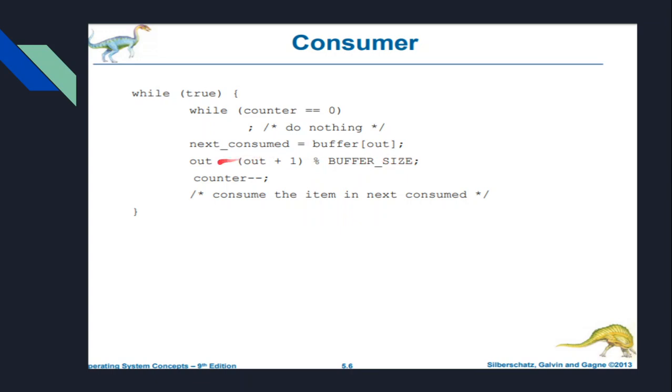This is the concept used in the circular buffer. When the buffer is circular and you want to get the data after one, this is the logic always given to get the data in the circular buffer. And then the counter is decremented because the consumer consumes, it takes out. So, it is a decrementing process. So, this is the coding on the consumer side.